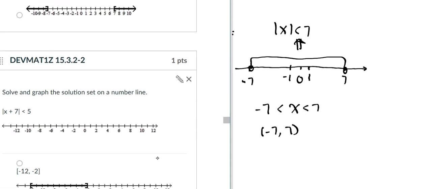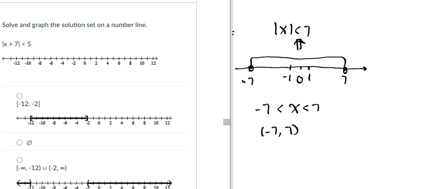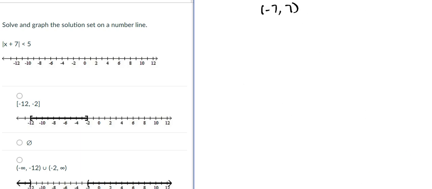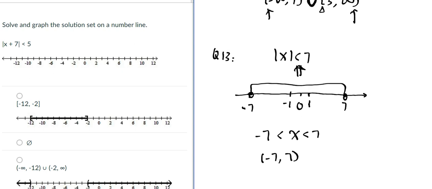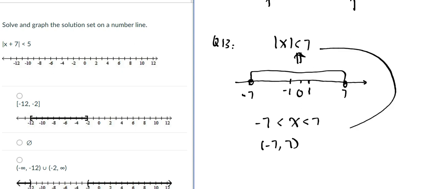Okay. Now, let's look at question 14. Question 14, it takes a little bit more work. Once you have x plus 7 with absolute value less than 5, as we did previously, you can immediately translate into this form or into this form. This one is the one we wanted.